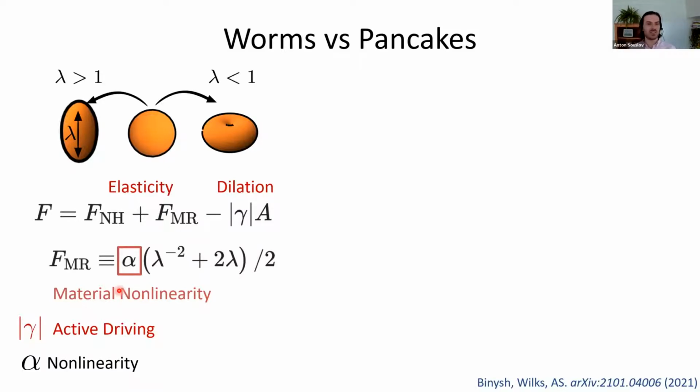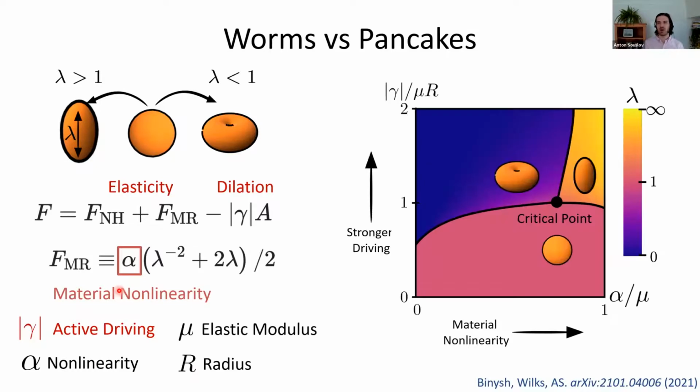So what is the effect of solving for the equilibrium shape with this nonlinear elastic model? Well, you see a sort of phase diagram here, right? Now, I still have on the vertical axis this activity, the effective surface tension. And now on the horizontal axis, what I have instead is the nonlinearity, in fact, the ratio of the nonlinear to the linear elastic terms.